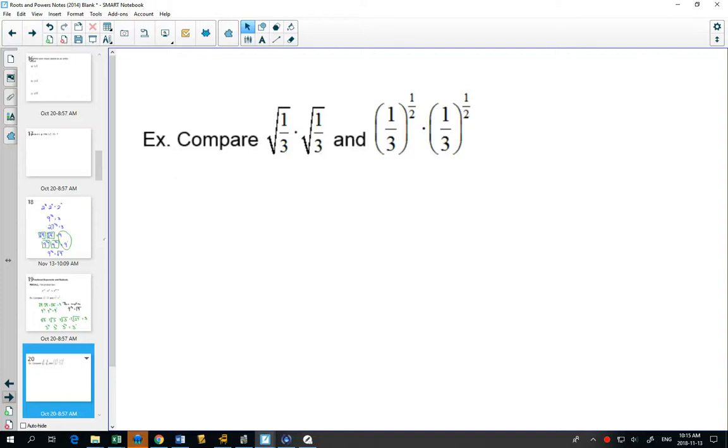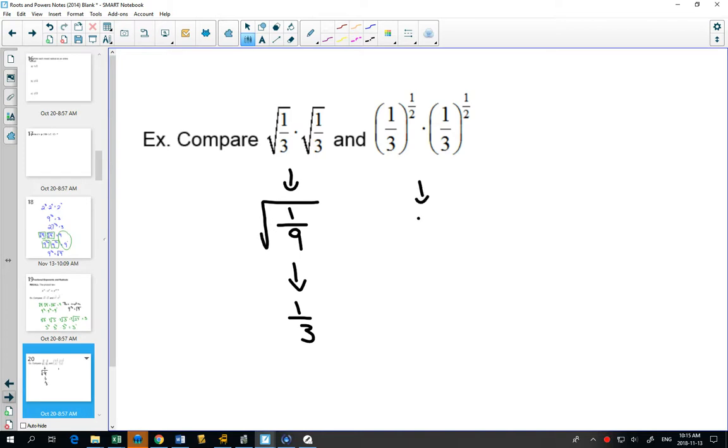Same thing happens even if you have a fraction inside of the square root. The square root of 1/3 times 1/3 would be the square root of 1/9, which would equal 1/3. And here, if you added the exponents, 1/2 plus 1/2, you would get 1/3 as well.